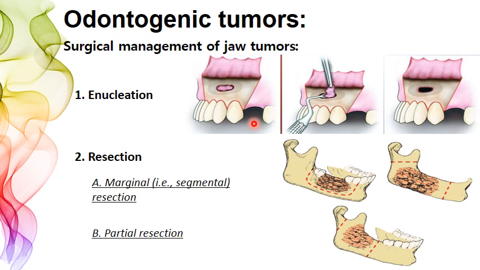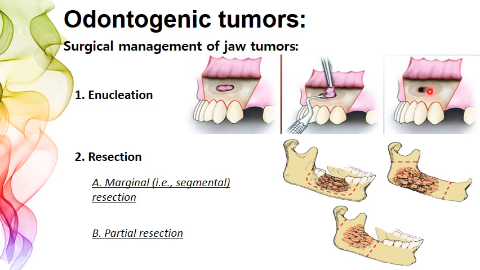What we mean by curettage is that after I removed the soft tissue tumor, this is the cavity. The curettage means that after enucleation, I bring my curette or a bur and remove 1 to 2 mm of bone all around the periphery of the cavity that is left by the odontogenic tumor.